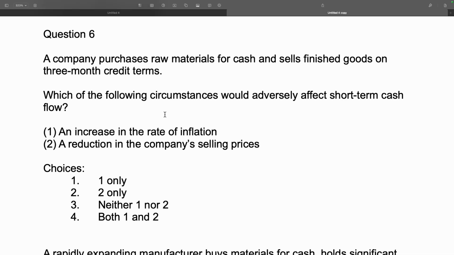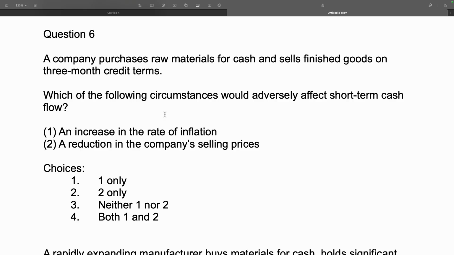A company purchases raw material for cash, and sells their finished goods on 3-month credit. Which of the following circumstances would adversely affect short-term cash flow? Try it out and see whether you can get the answer.